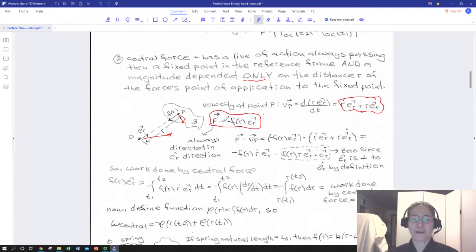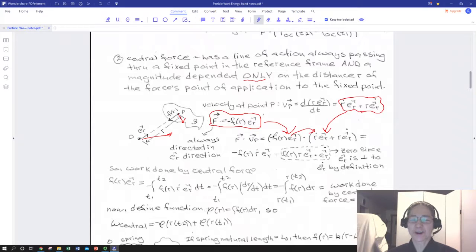Okay, we have a v, we have an F. Let's calculate F dot vP, because that's going to equal our kinetic energy change. This is the work done by this force. Okay, so here's F in its vector form, and we're going to dot it into vP. So we're going to FOIL it.